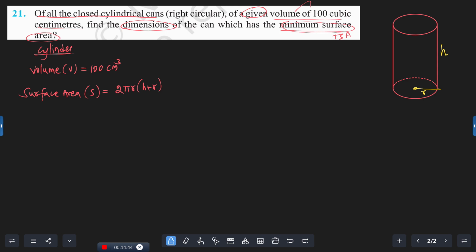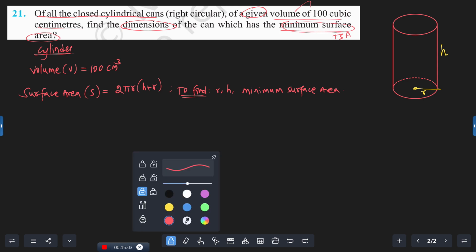Here we have to find the dimensions, that is H and R, and we have to say the minimum surface area.